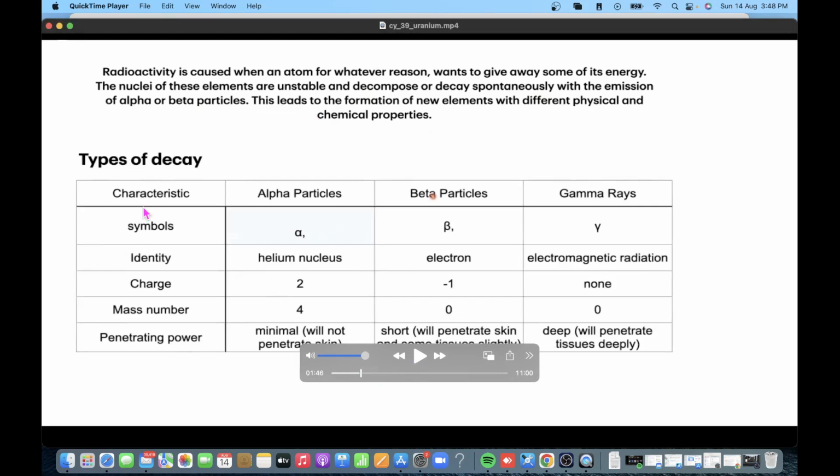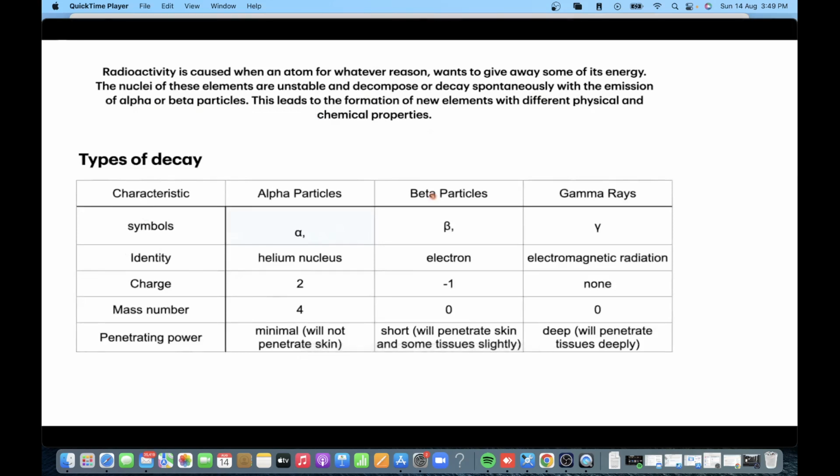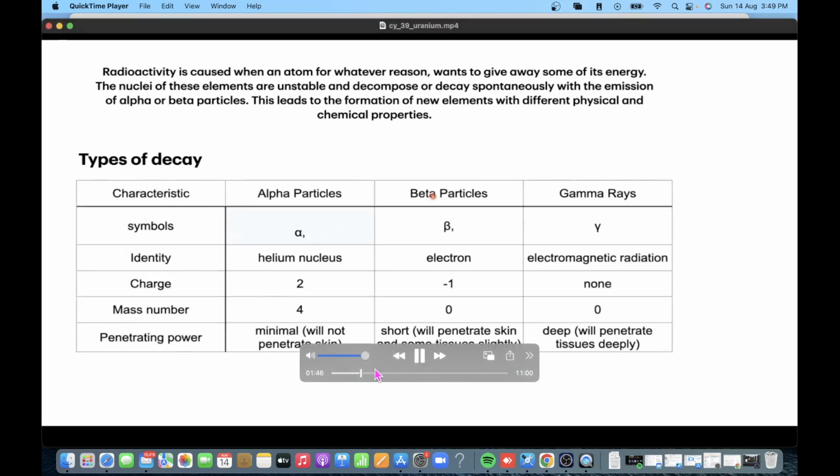So there are types of decay. You might be familiar with these: alpha, beta and gamma. Alpha is basically the helium nucleus. It carries charge 2, mass 4. It has a very minimal penetrating power because of its high mass.